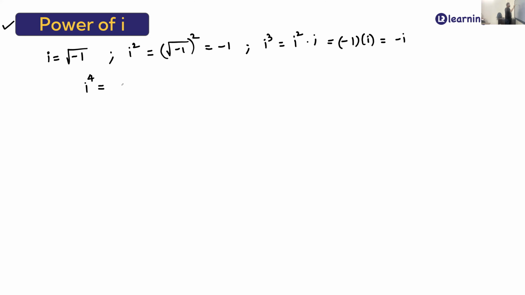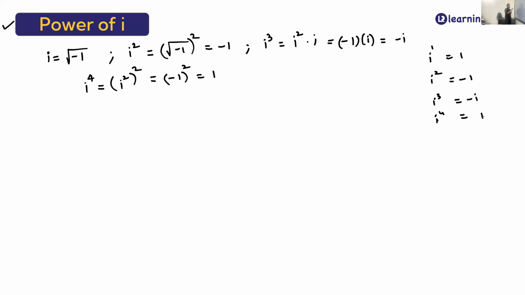I power 4 will be equal to I square the whole square. I square is -1. So -1 the whole square is going to be +1. So basically, if you look at the cycle, I power 1 is I, I square is -1, I cube is minus I, and I power 4 is 1.